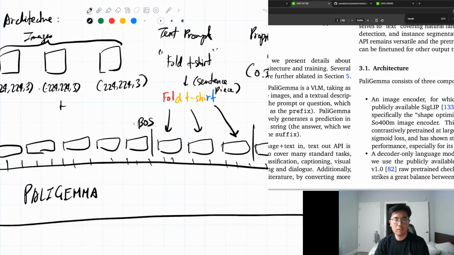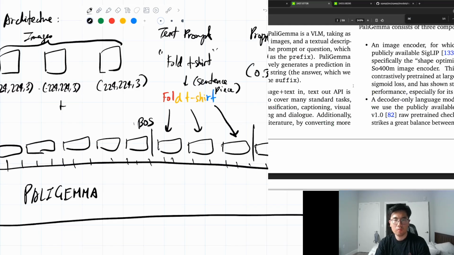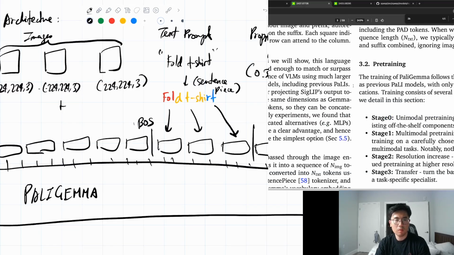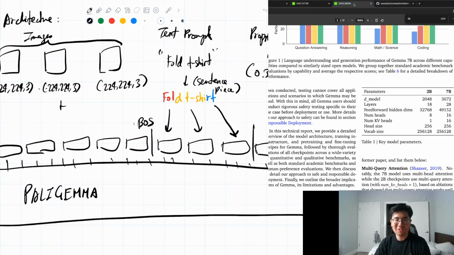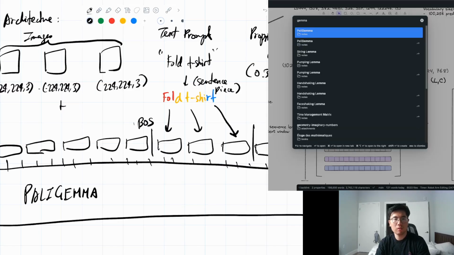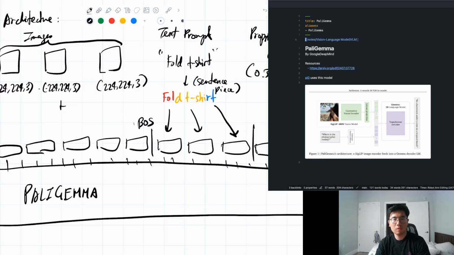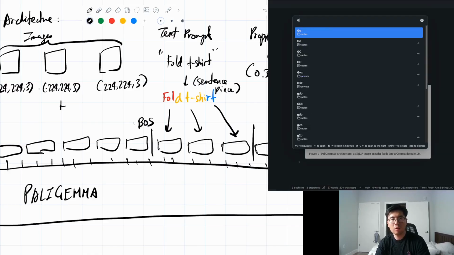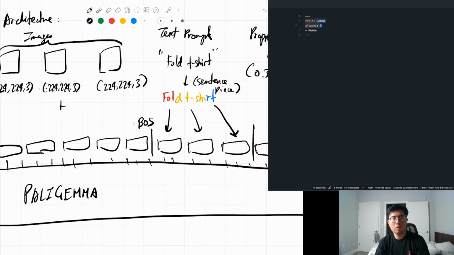So why is this saying Gemma 2B's vocab? Oh, it doesn't have 2 billion. Okay, I was being delusional. Maybe I should make a note right now.